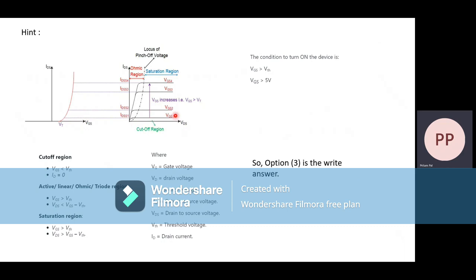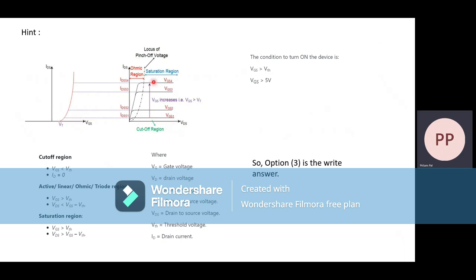This is the standard configuration, as you know, for a standard transistor like an NPN transistor or FET. There are three regions. The cutoff region is where, even after increasing the voltage between the drain and source, there is literally no current flowing through the circuit. That's why it is the cutoff condition, right?